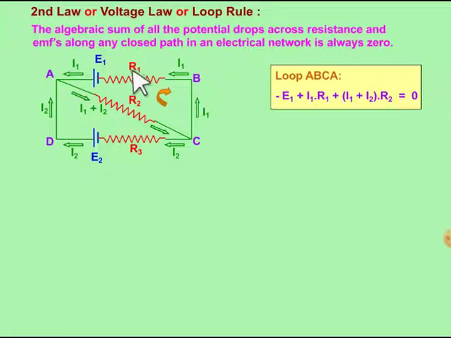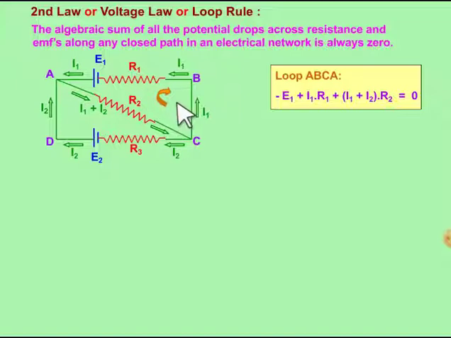When the potential rises, the potential drop, that means I1 times R1, the product of the current and the resistance, will be assigned positive.